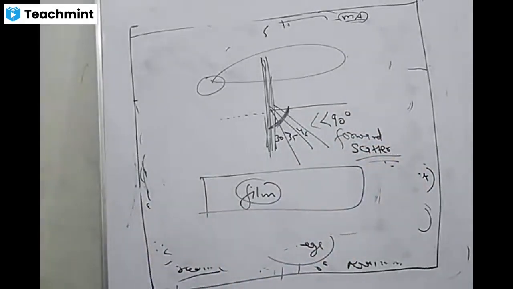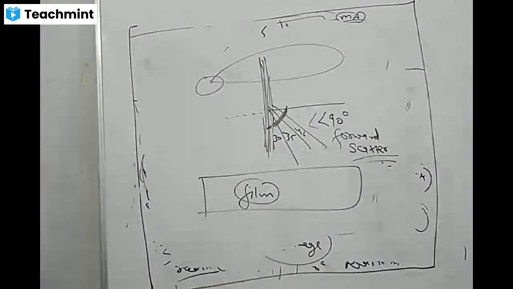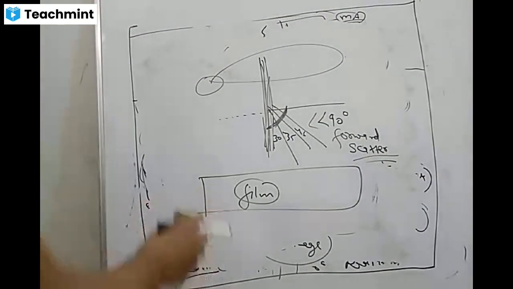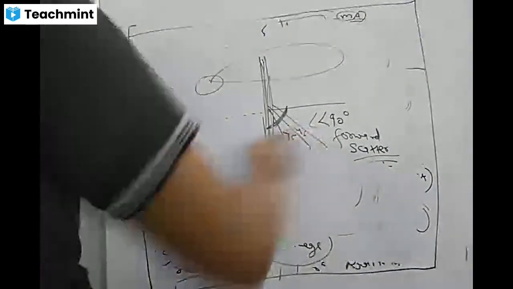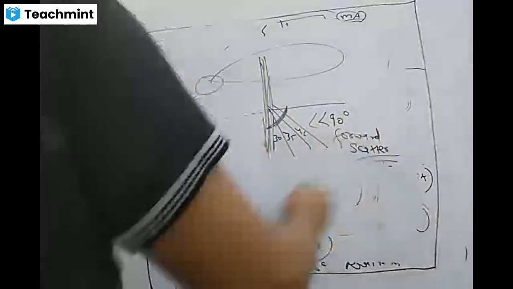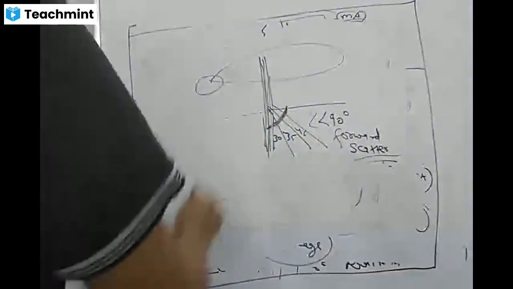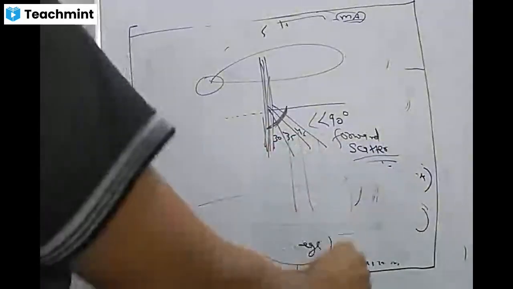So two types of scatter radiations are there, just by definition, because in one PSC exam they asked what is forward and what is backward radiation. When this angle is less than 90, we call it forward scatter, scattering toward the film.